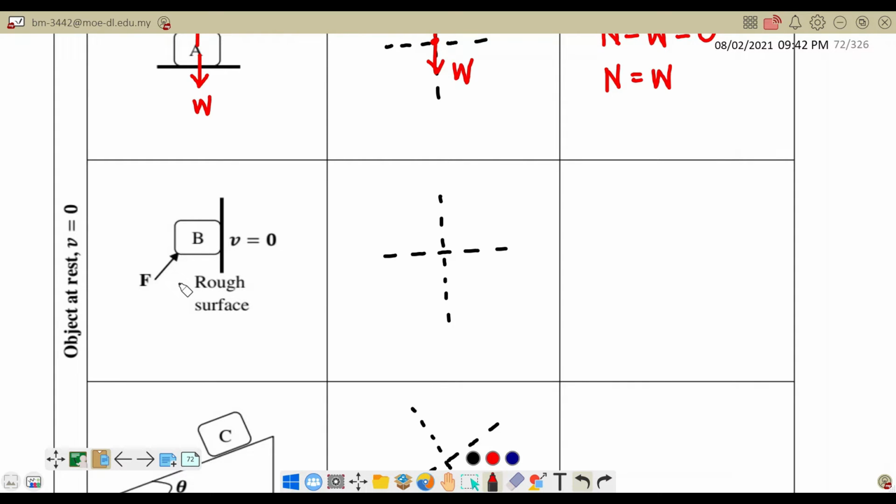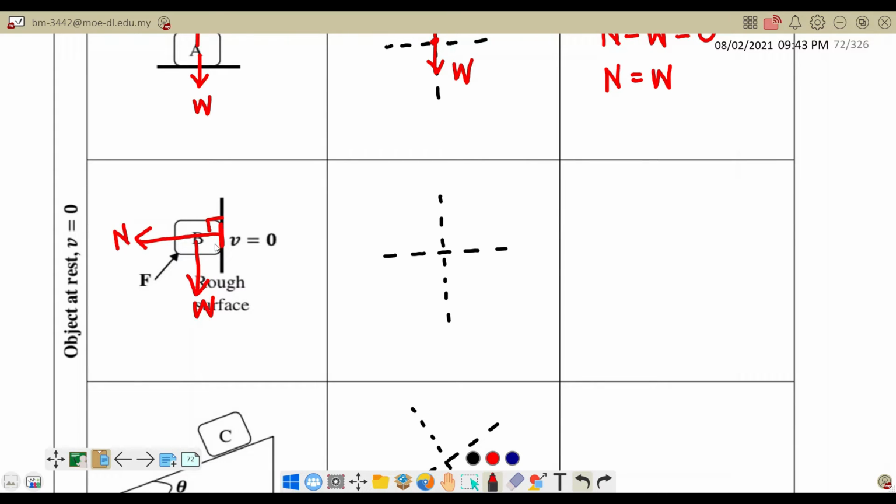First, do we have weight? Yes, weight is acting downward. Do we have tension? No, we don't have tension. Do we have normal force? Yes, because this is a contact surface, and the normal force is always perpendicular to the contact surface.